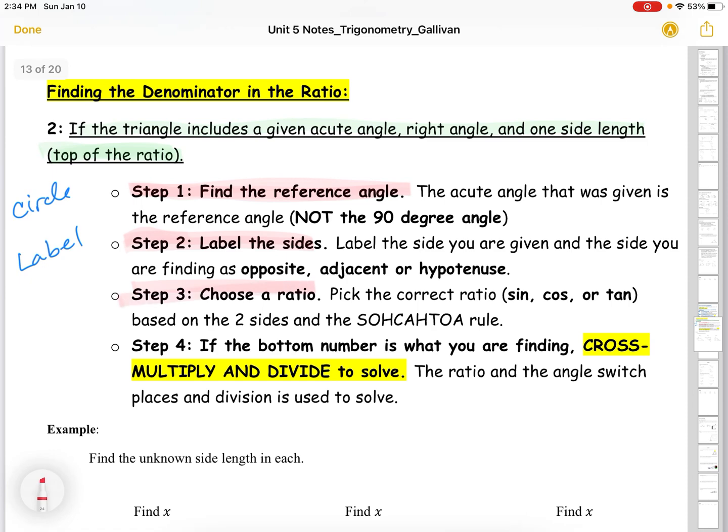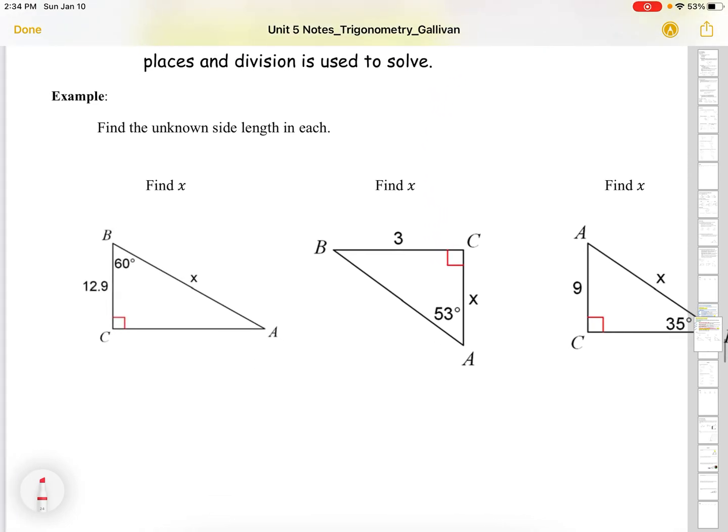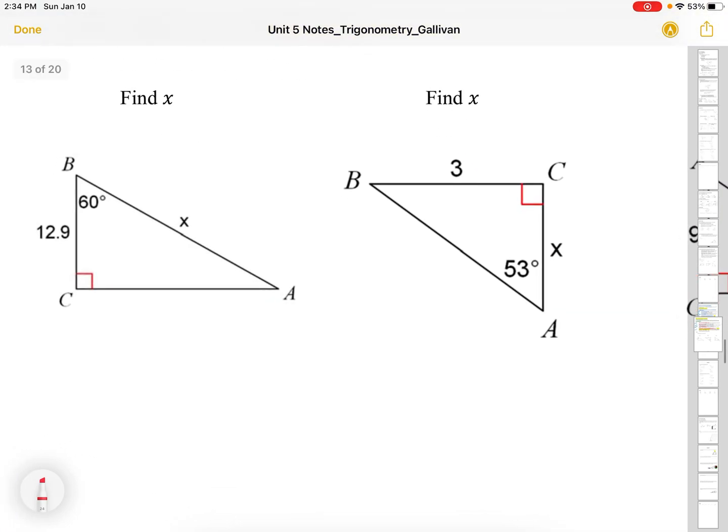Then you're going to choose a ratio, and then we're going to solve. Okay, and if the bottom number is what you're finding, you're going to cross multiply and divide to solve. But now it's going to get a little trickier. So you're still cross multiplying and solving. So let's see what happens.